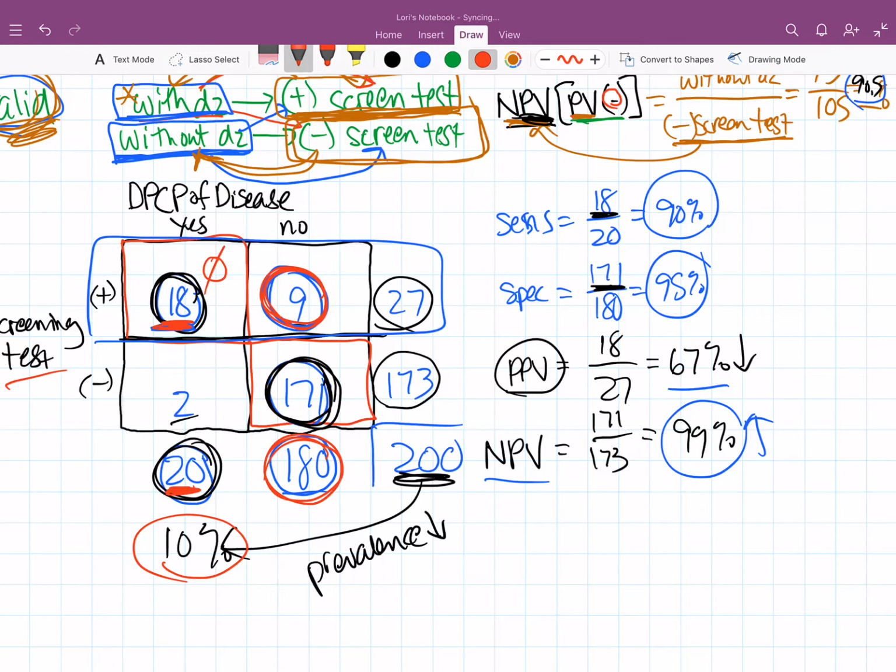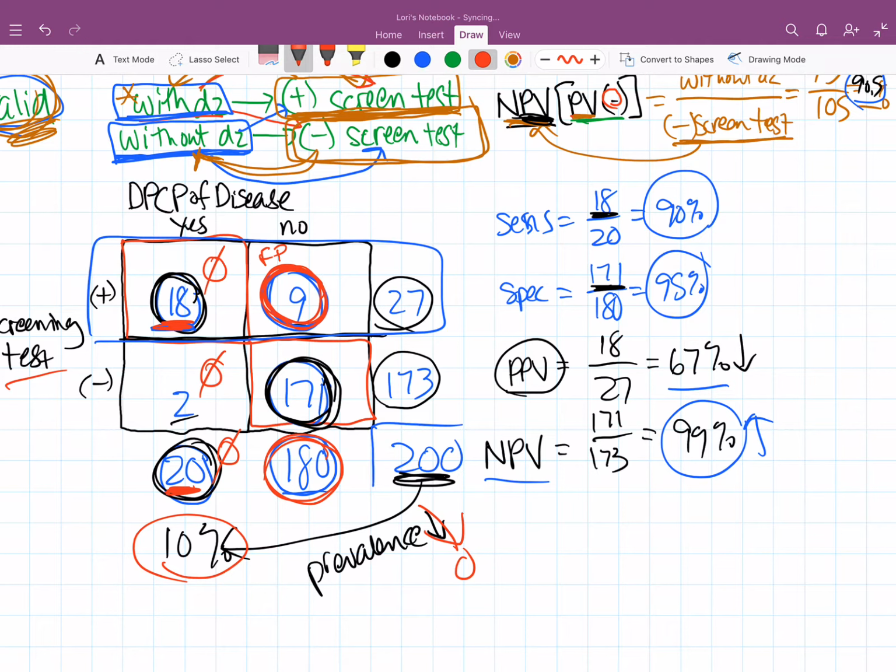If this number was 0 and this number was 0 and this number was 0, if you tested a population with a prevalence of, the ultimate low was 0, then everybody who tests positive would actually be, remember, this is a positive test, so this is a false positive. Everyone who tests positive would be a false positive. So it's kind of like the extreme end of that. You can work your way all the way to the extreme.